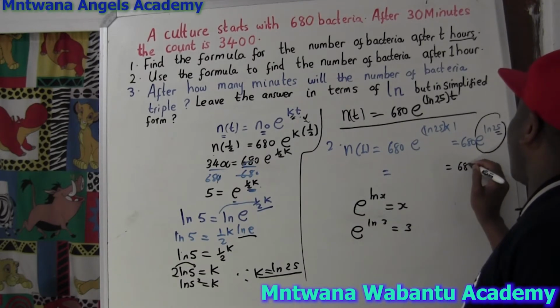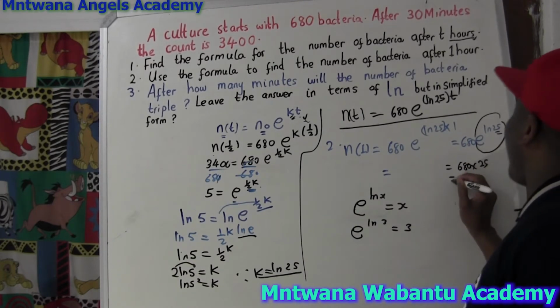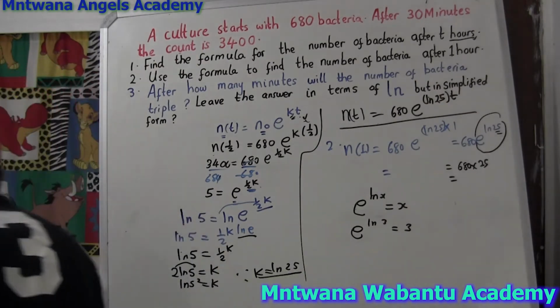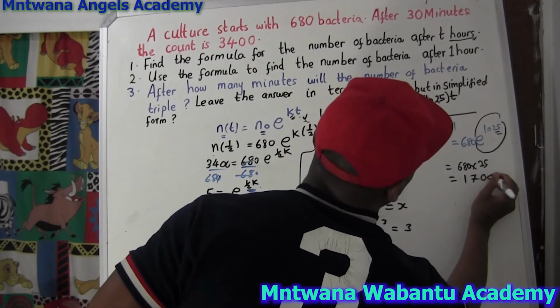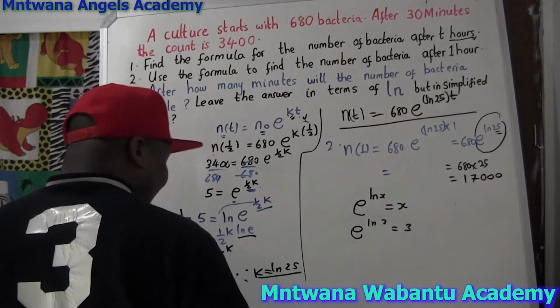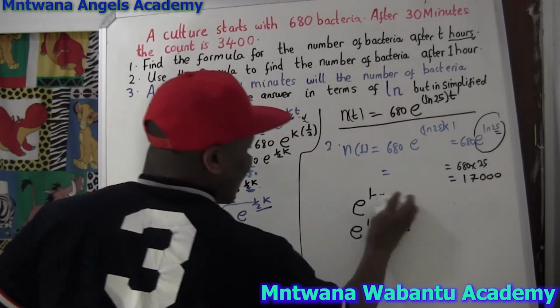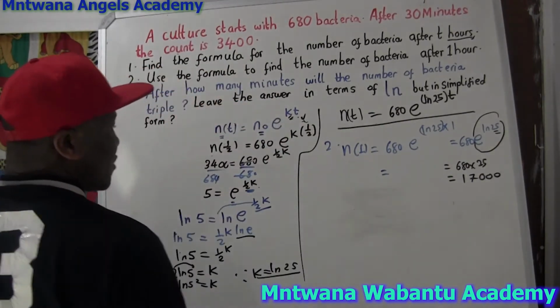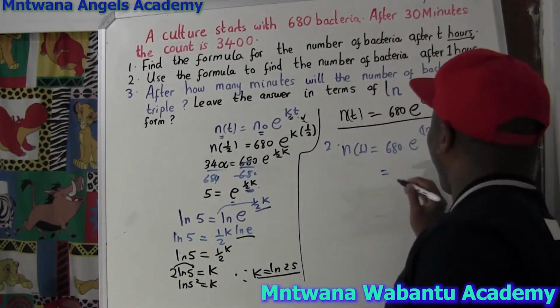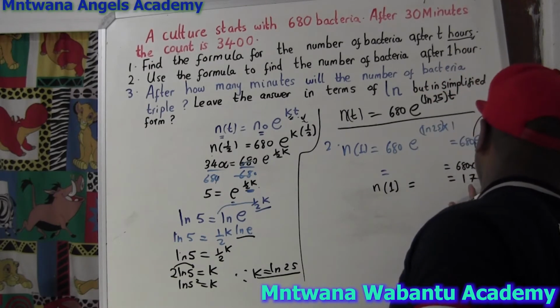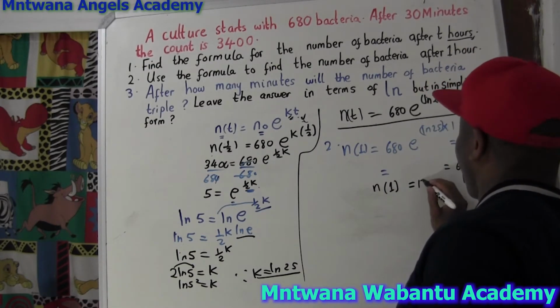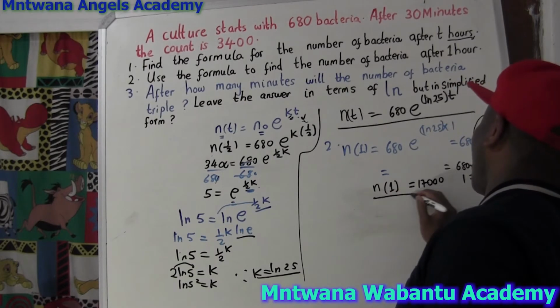So this equals 680 times 25. If you plug it in the calculator, you're going to get 17,000. So you get 17,123 after 1 hour. The number of bacteria after 1 hour is equal to 17,123. So this is for the second one.